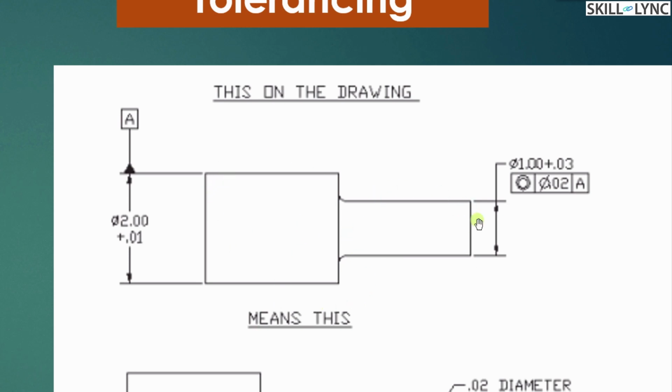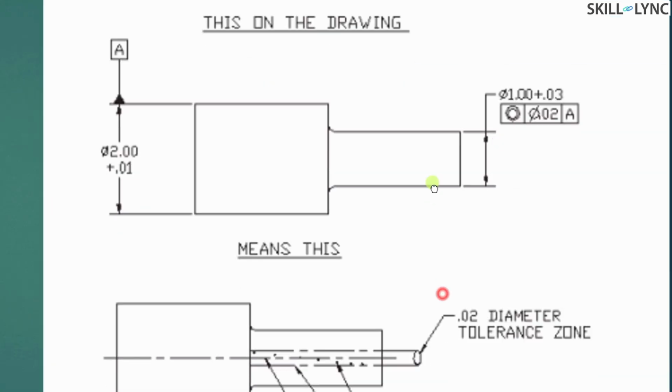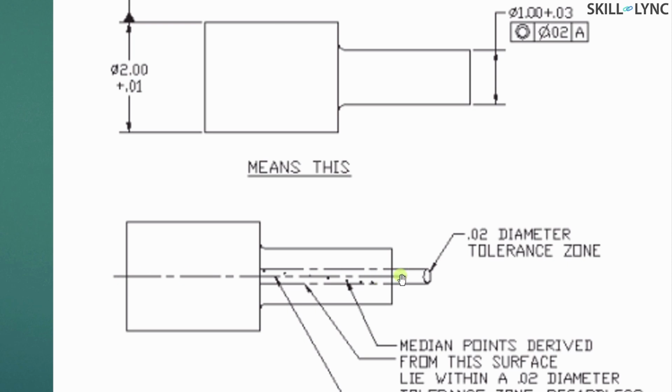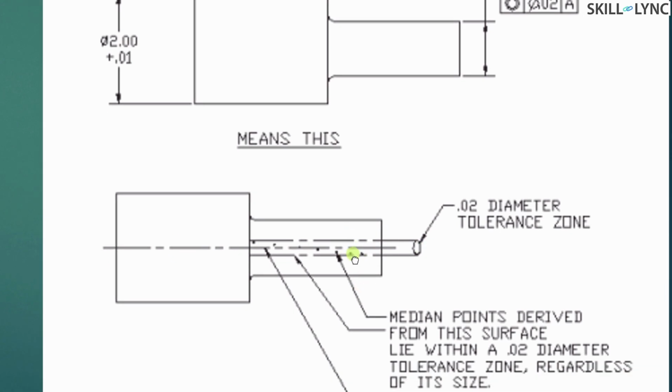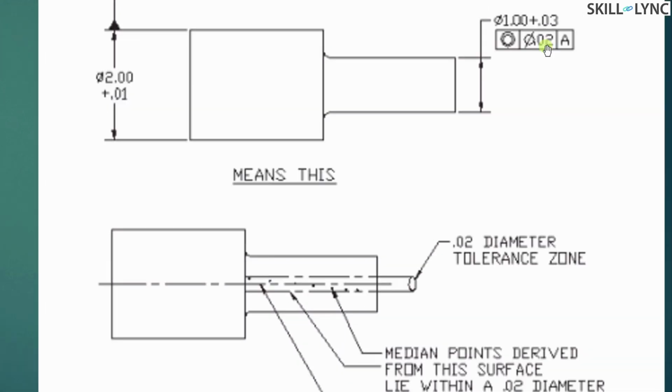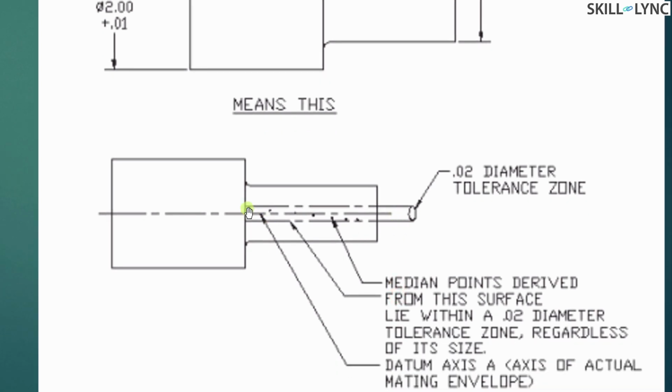We have a larger dia here and a smaller dia here, and for the smaller diameter shaft of 1 mm plus 0.03, concentricity has been applied with a variation of 0.2 with reference to the datum surface A. So it means that a center axis drawn through this plane can have a diameter tolerance zone of only 0.2, that is this exterior zone, within which all the median points derived from this surface must lie.